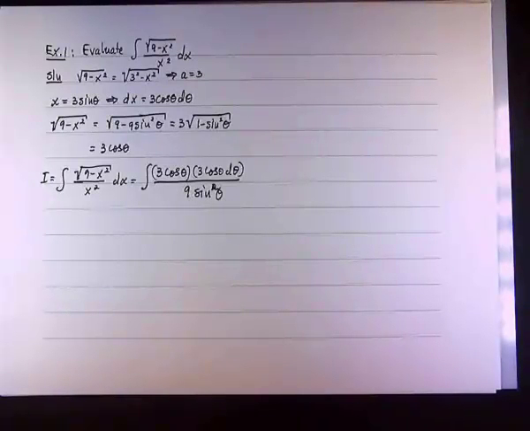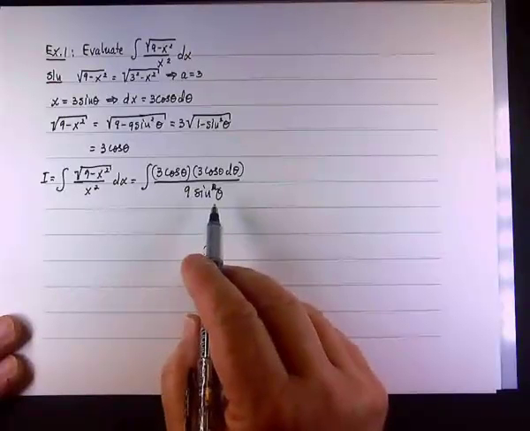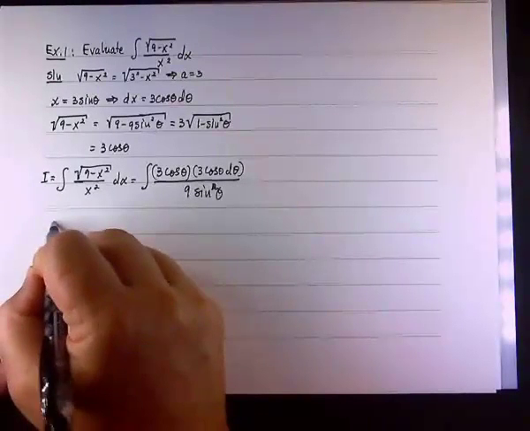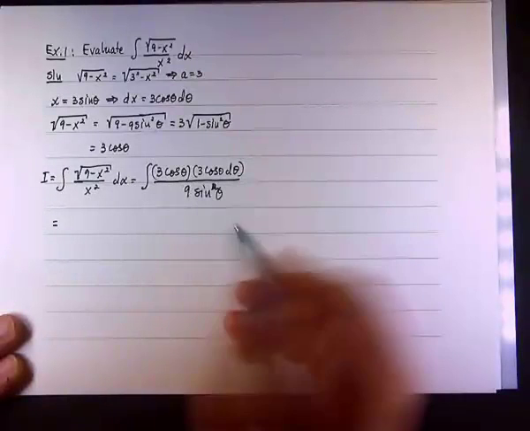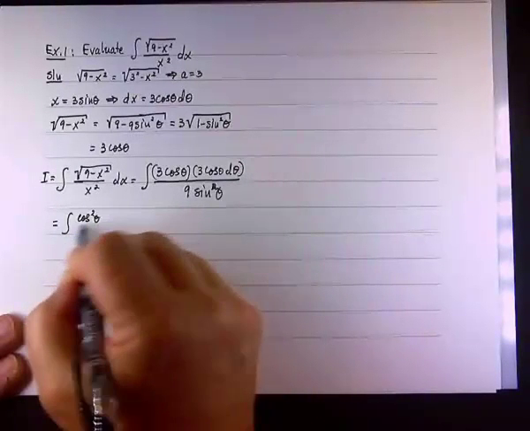Now we have some nice stuff here, don't we? Let's see, what do we have? 9 divided by 9, that goes away.